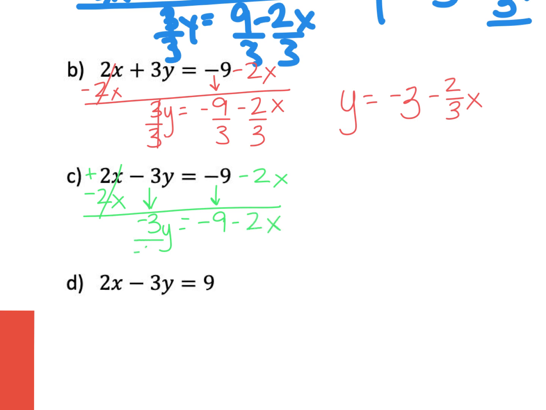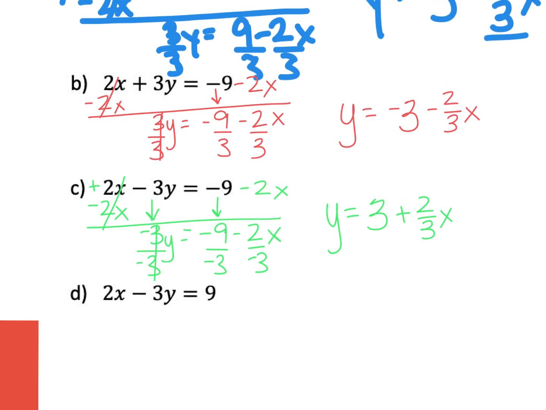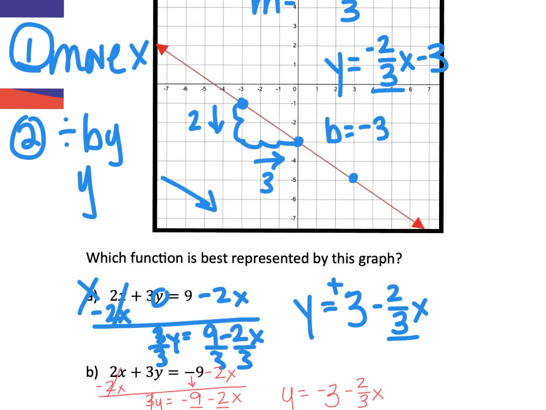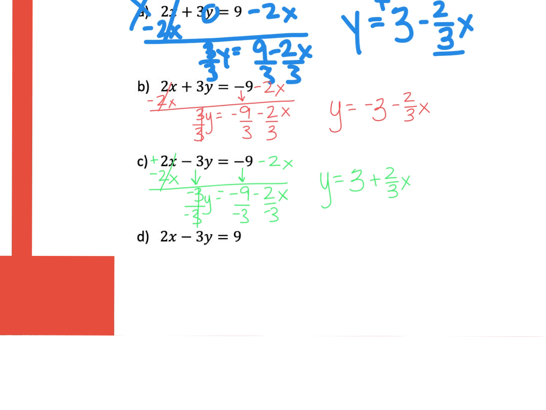And then we're going to divide everything by a negative 3 because we want this to be a positive y, so a negative divided by a negative is a positive. Same thing with the 9 and the 3, and the 2 and the 3. So that one, the slope definitely doesn't match because, if we come back up here, we wanted a negative slope. So we know it's definitely not C.